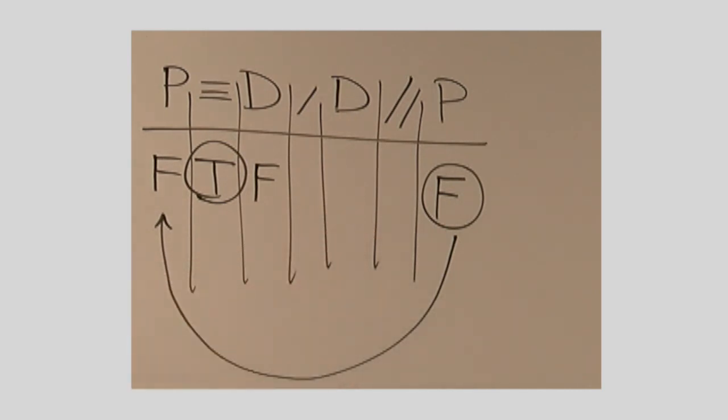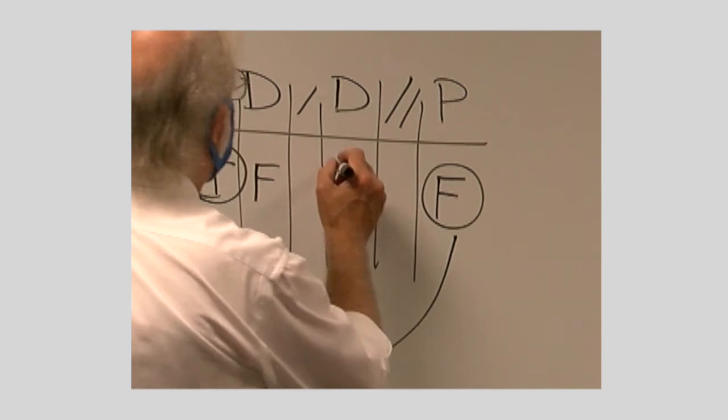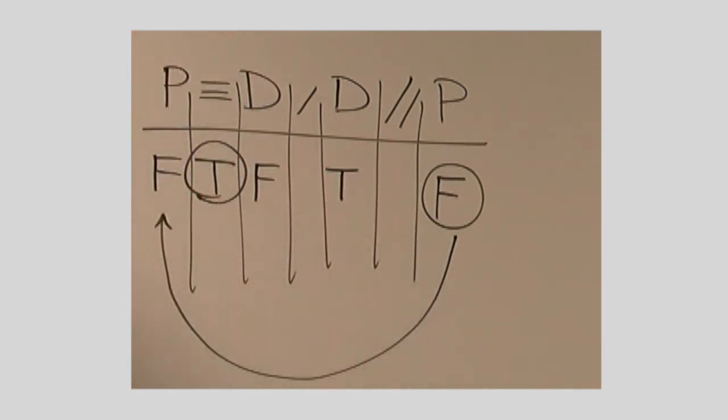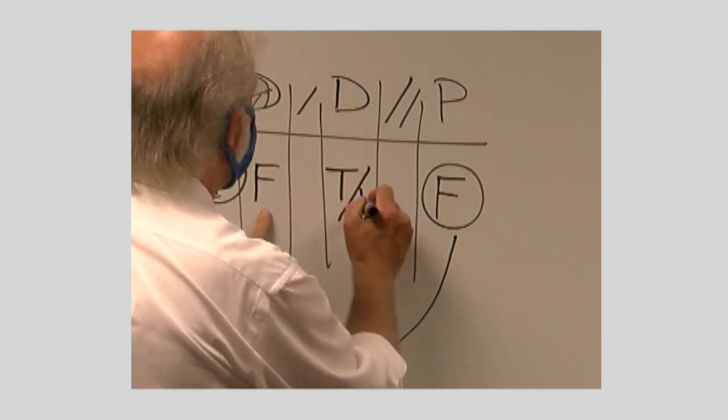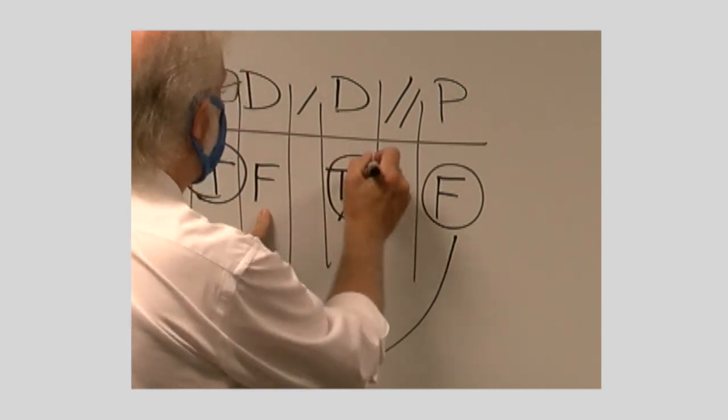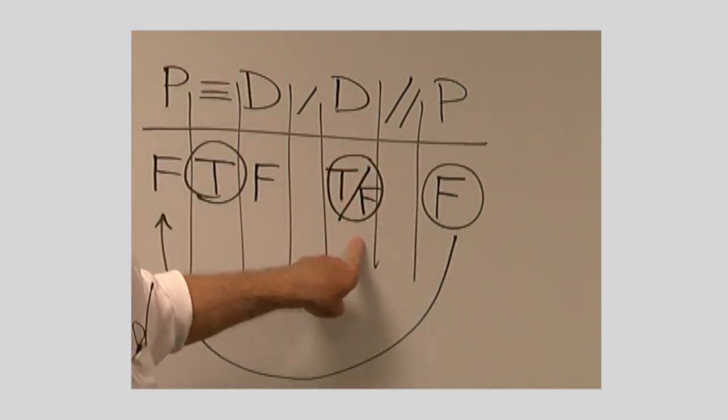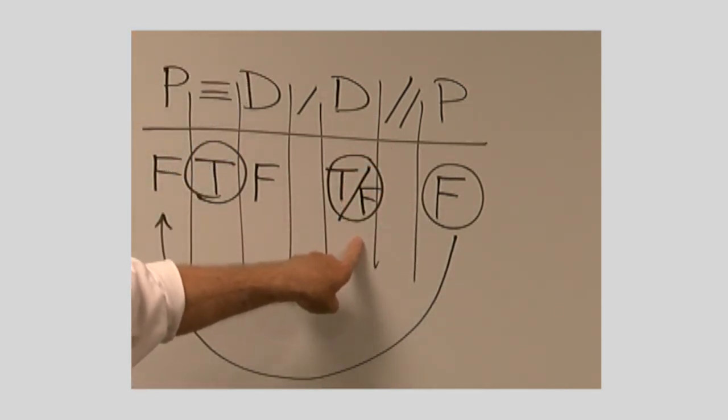The second premise is just the letter D. And we need that premise to be true, so we make the D true. But previously, in other words, just a second ago, we said that D is false. So we also have to make this D false. Wait a minute, this D is true and false at the same time.